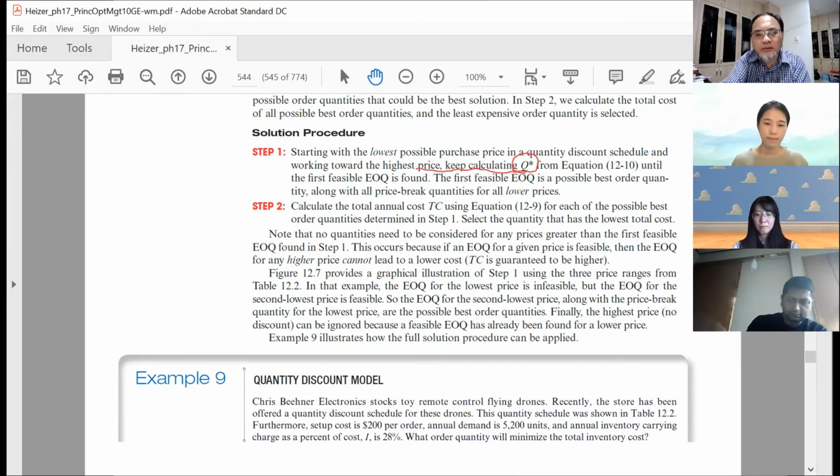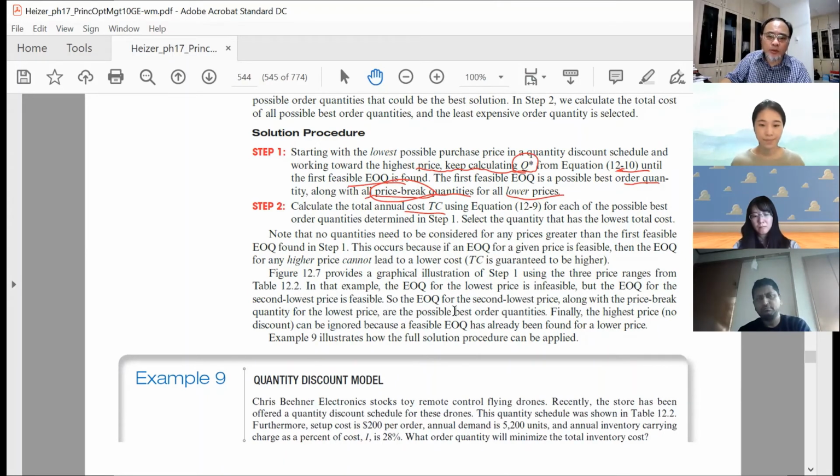Keep calculating Q star from equation 12.10 until the first feasible EOQ is found. The first feasible EOQ is the possible best order quantity, along with all price break quantities for all lower prices. Then you calculate the total cost using the equation. Note that no quantities need to be considered for any prices greater than the first feasible EOQ found in step 1. If the EOQ is feasible, then the EOQ for any price higher than that cannot lead to a lower total cost.